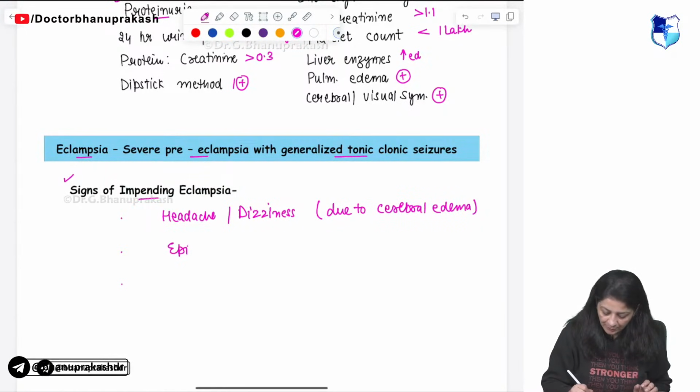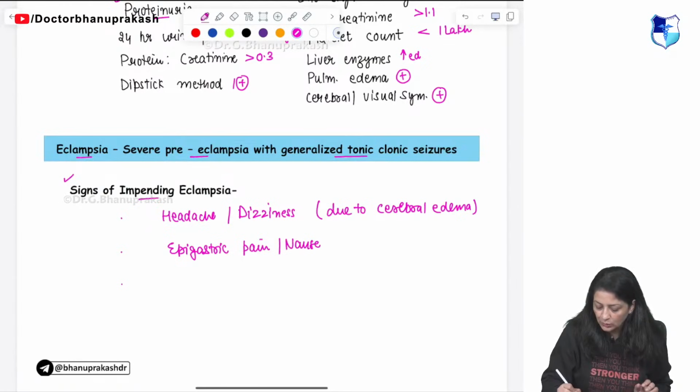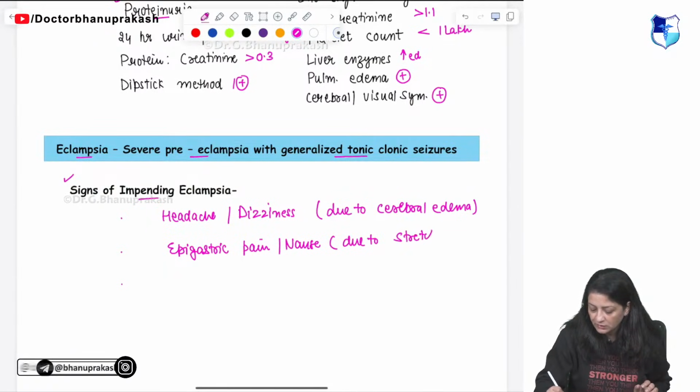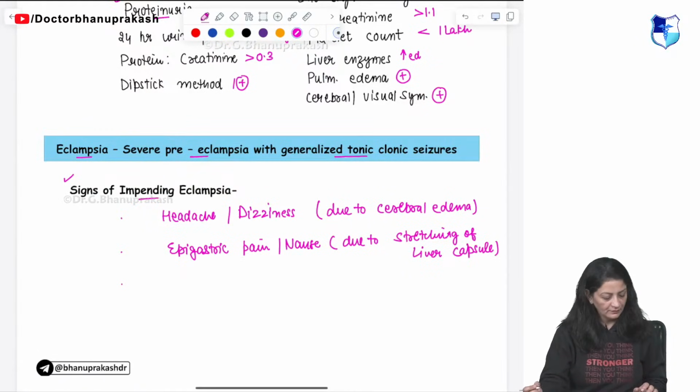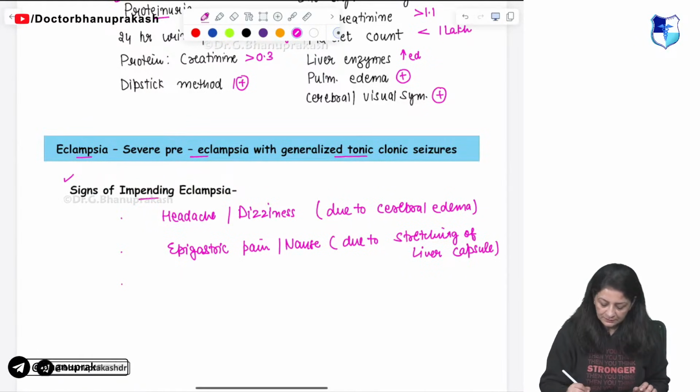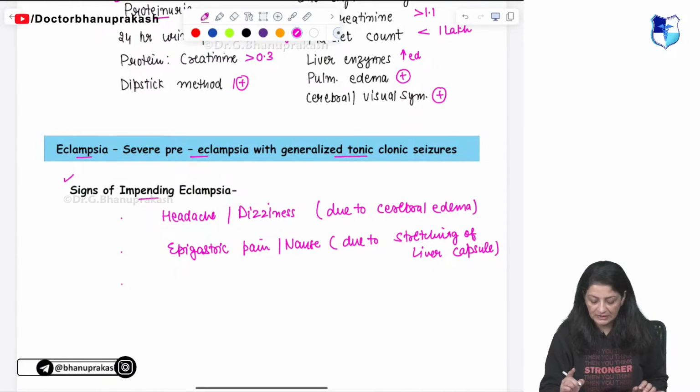Second one, epigastric pain, nausea due to stretching of liver capsule. First one headache, dizziness, epigastric pain, nausea.